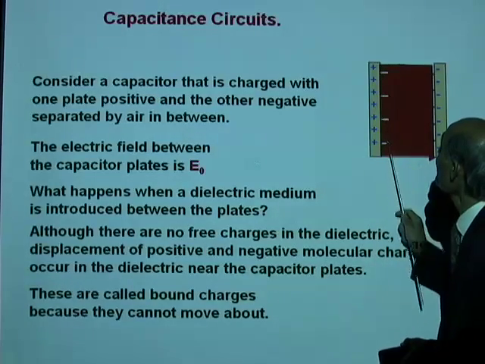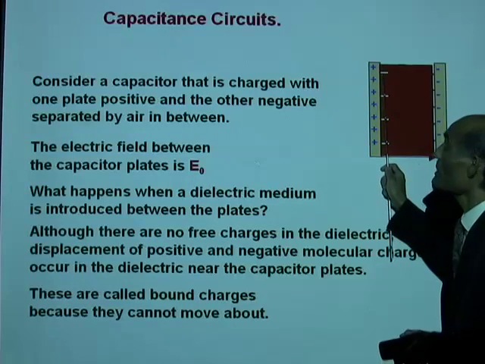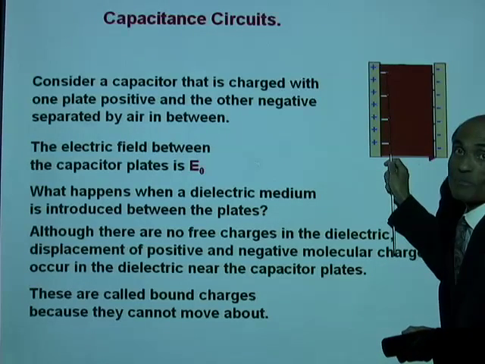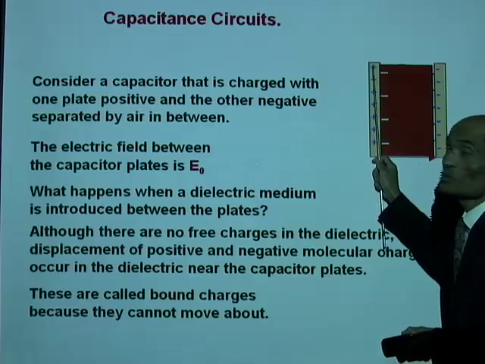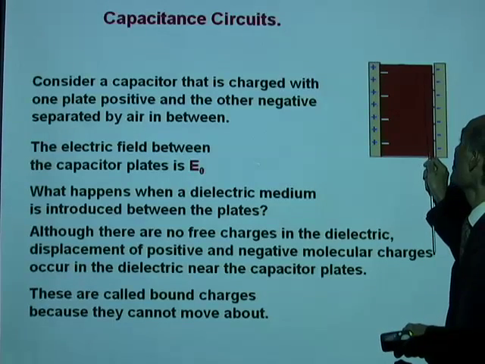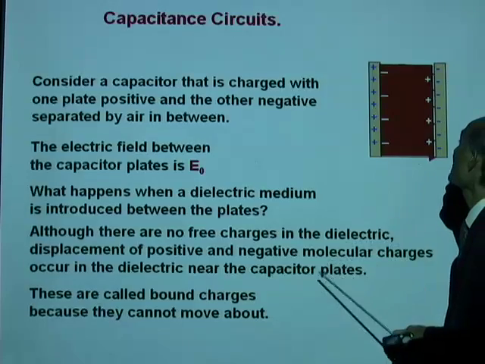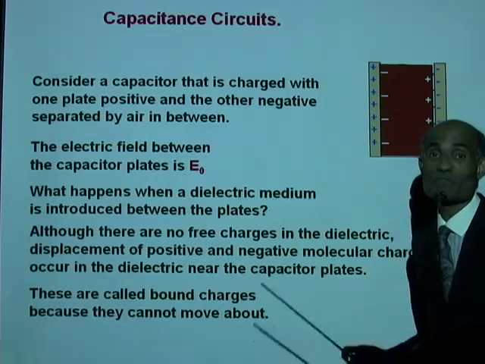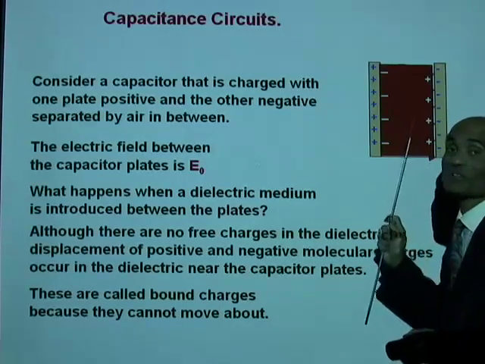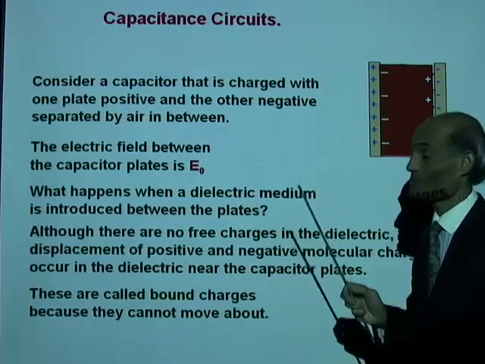Here you have the negative charges appearing on the side of the dielectric that is close to the positive plate, and positive charges appearing on the side of the dielectric that is close to the negative plate. What do you call these charges? The bound charges.